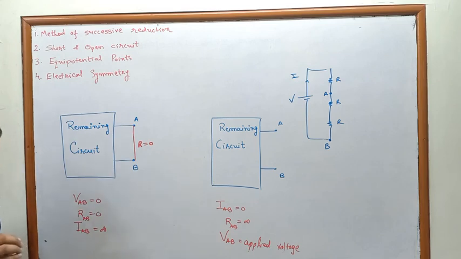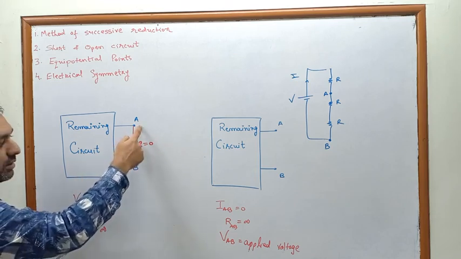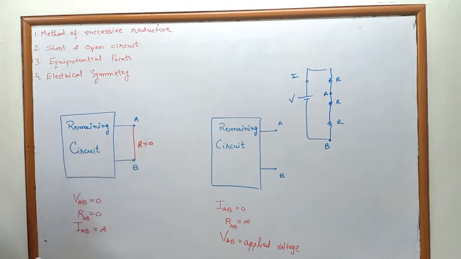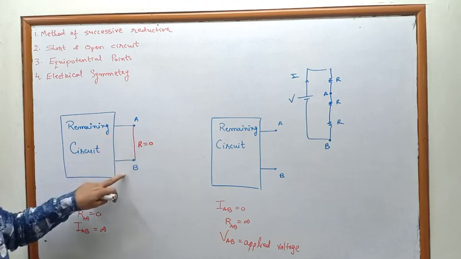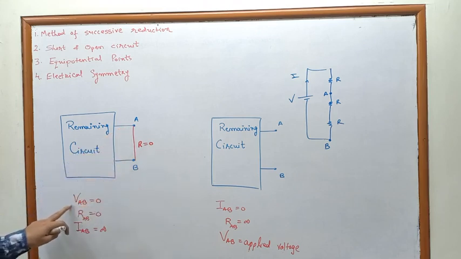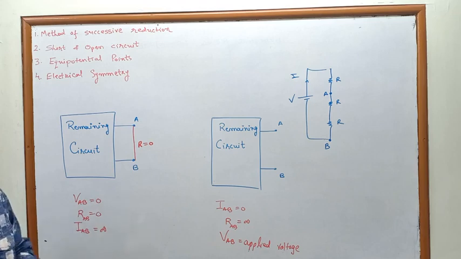Now analyze this circuit. If A and B terminals are short circuited, the voltage between A and B is 0. Why? Because resistance R is 0 and V is equal to IR. If resistance between these 2 points is 0, the voltage drop is 0.